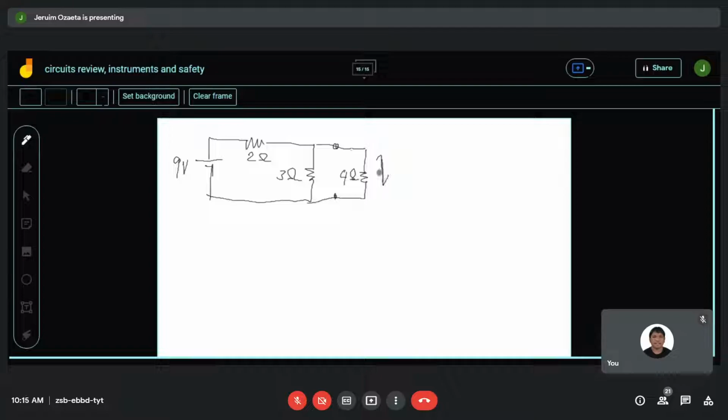What is the current at 4 ohms? Okay. So we solve by Thevenin's. First, we draw the equivalent circuit.